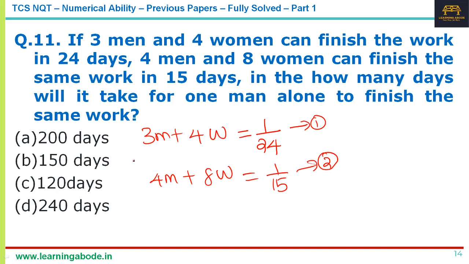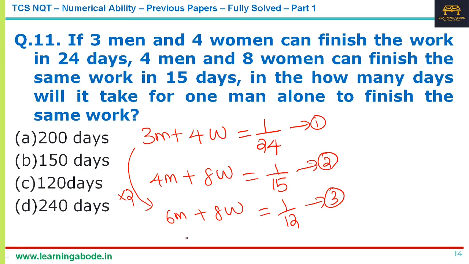Okay, now you know what to do, right? So we can just multiply the first equation by 2 and write. So it will be like 6 men and 8 women. That is, they can finish the task in. So just multiply by 2, so this is my third equation. So what happens here?